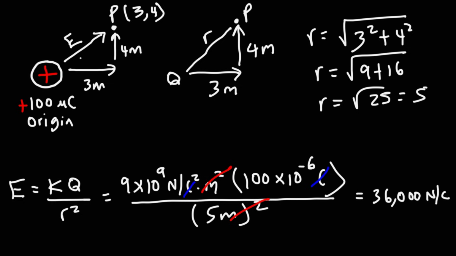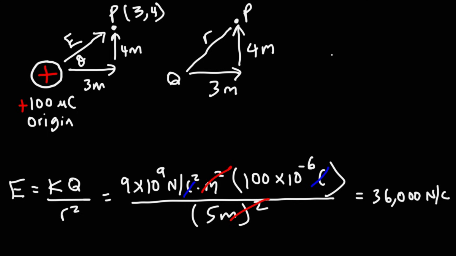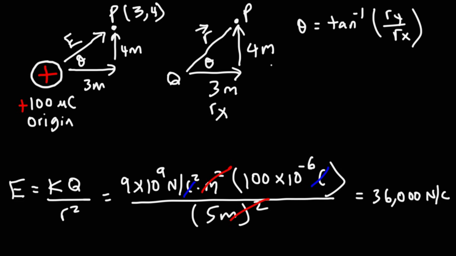Now we can calculate the angle of the electric field vector using the inverse tangent formula. So this angle is going to be arctangent, and it's going to be the y component over the x component. So this would be Rx. Let's say this is the position vector.